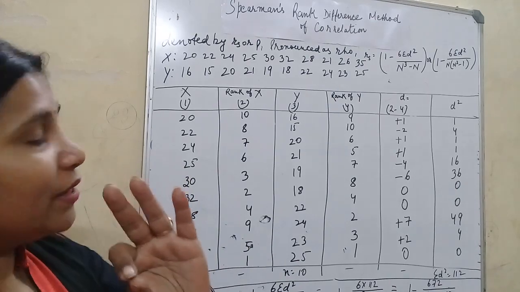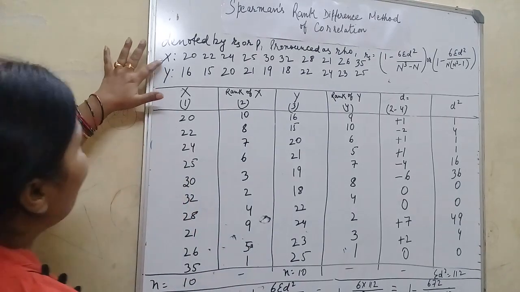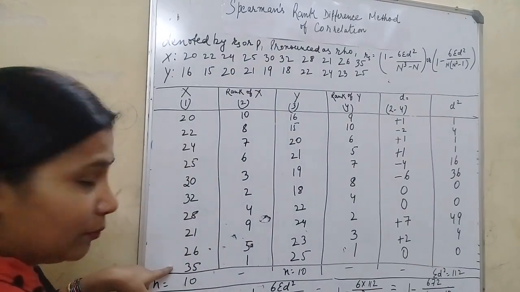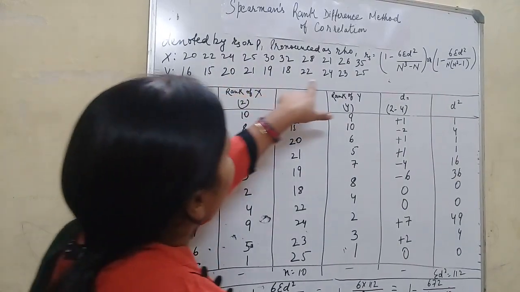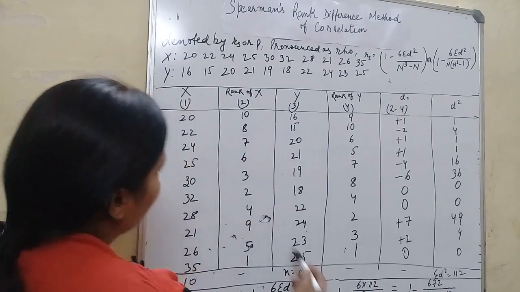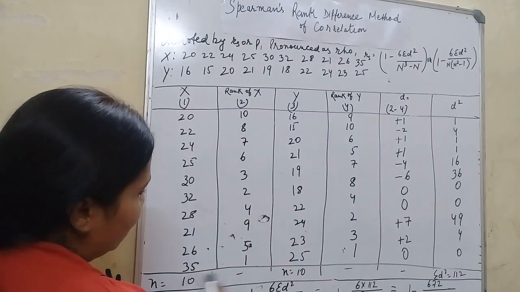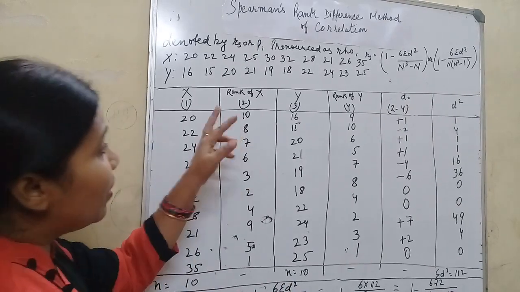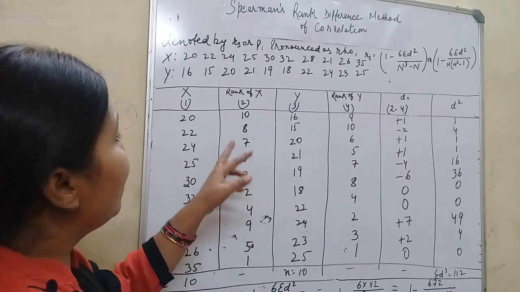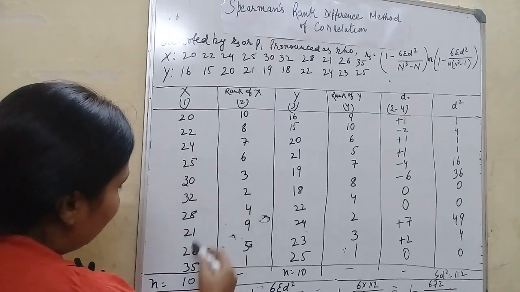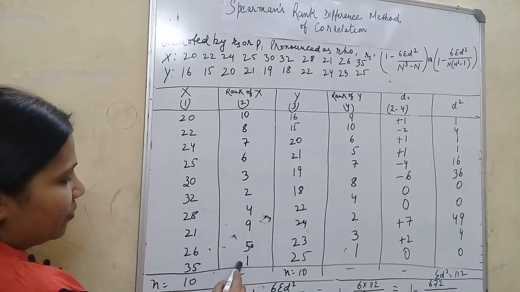Now listen very carefully. I have written all the digits of the x series in this column and the y series in this column, and the total number is 10 in both series. Now we give the rank. The digit which has the largest value is given the first rank.